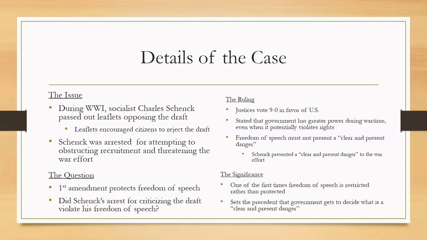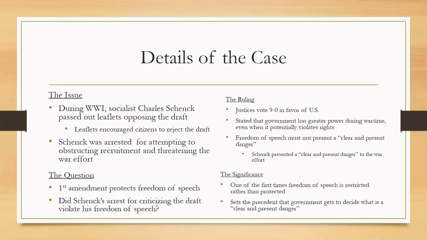The Supreme Court argued that Schenck presented a clear and present danger to the war effort because his actions were actively getting people to not support the war effort, and that could be dangerous to soldiers out in the field or at home if they cannot get the support that they need.